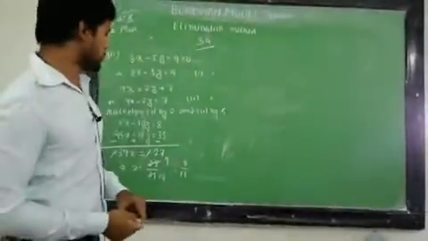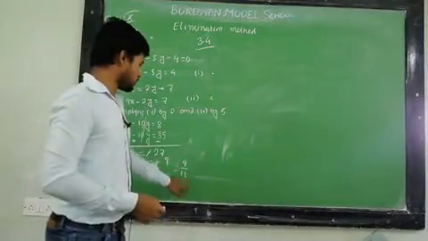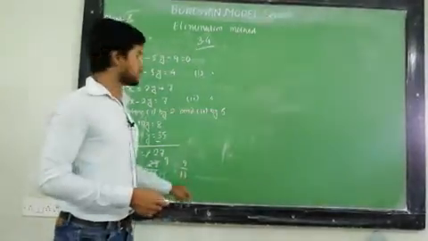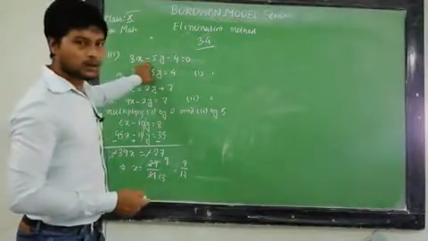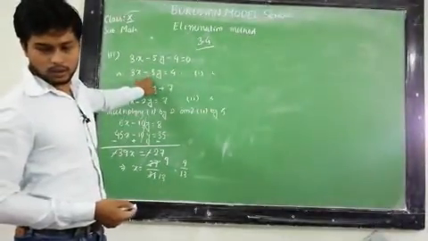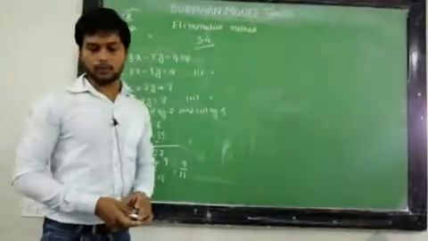Now we have to substitute this value of x, which is equal to 9 by 13, in either equation number 1 or equation number 2, and we will have the value of y.